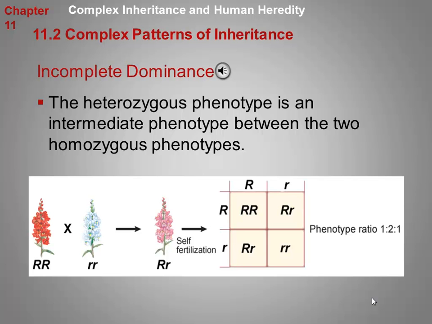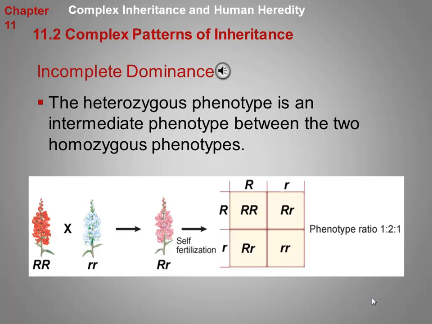In incomplete dominance, it is a situation where neither trait is expressed and a whole new trait is expressed. So the heterozygous phenotype is kind of an in-between phenotype because not one trait dominates over the other, so therefore you get a whole new trait. If you take a look here at the picture, which is also found on page 302 in your book, you will see you take a red flower and a white flower and you cross them, and the heterozygous condition, which is big R, little r, results in a pink flower.